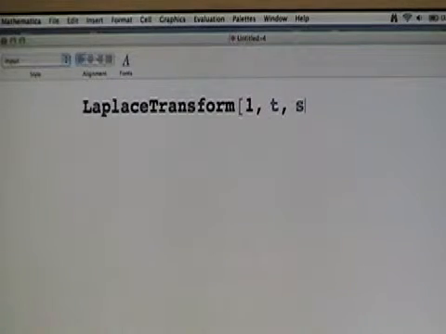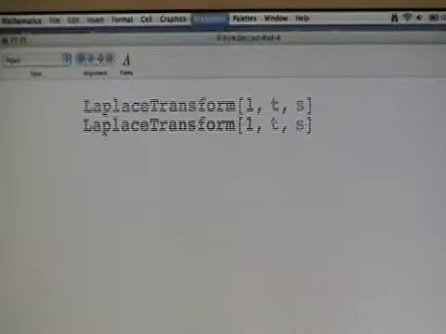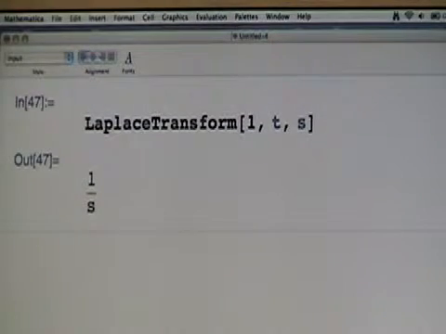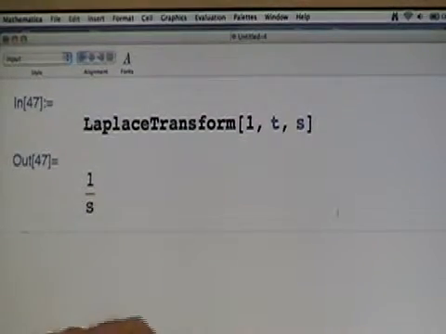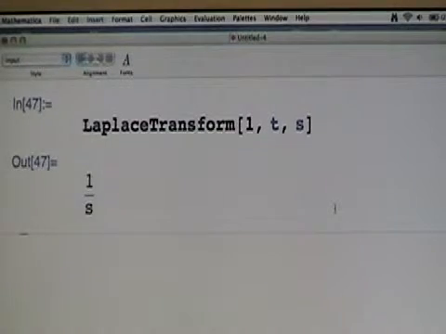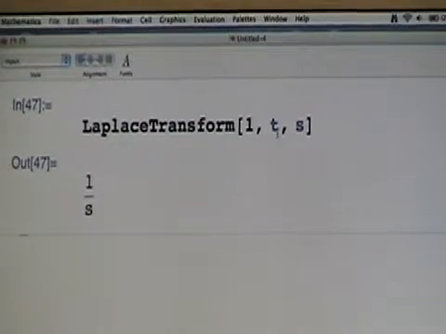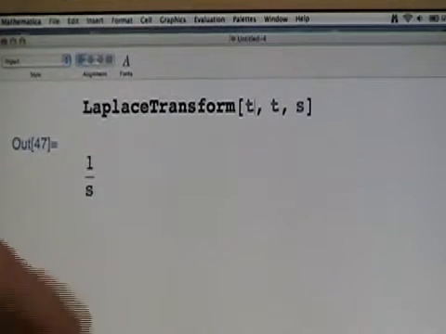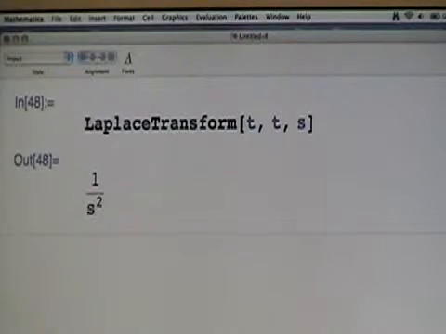Plug in its variable t, and then plug in the variable you want for the Laplace transform, traditionally s. There we go. There's a confirmation of our first example, though you should realize that this is only when s is positive. That's not a real big deal as far as the differential equation application goes. And if I plug in the function t that we just did, there we go, we get 1 over s squared.